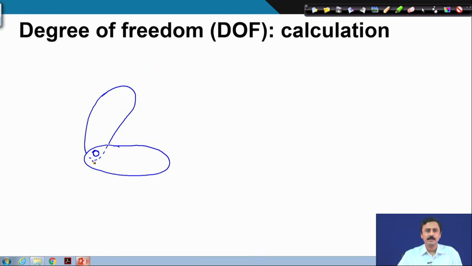Now, this is a chain. Let me fix one of the links of this chain. Therefore, I will fix one of the two links of this chain, this link let us say. Let me now number these two links. This ground is numbered 1 and this is the other link number 2, and we have a kinematic pair.